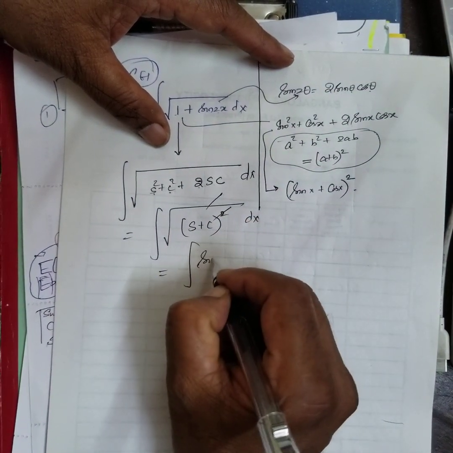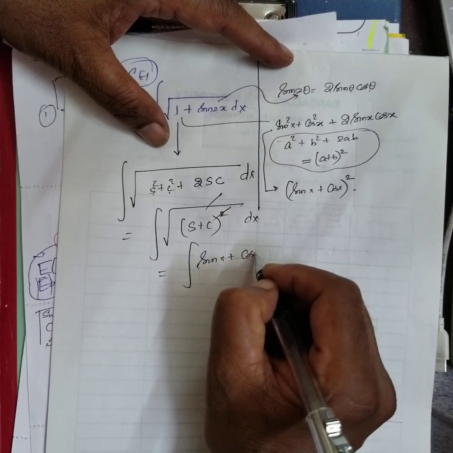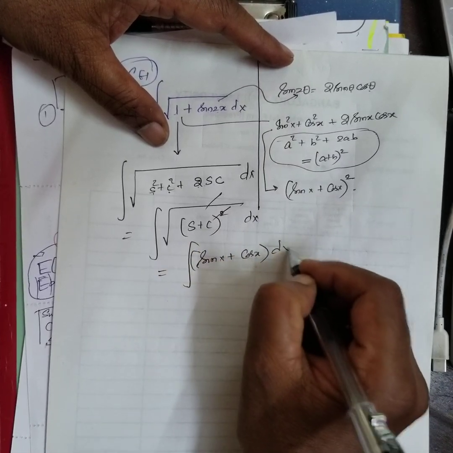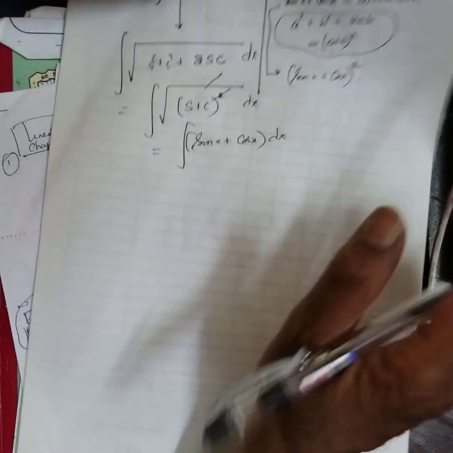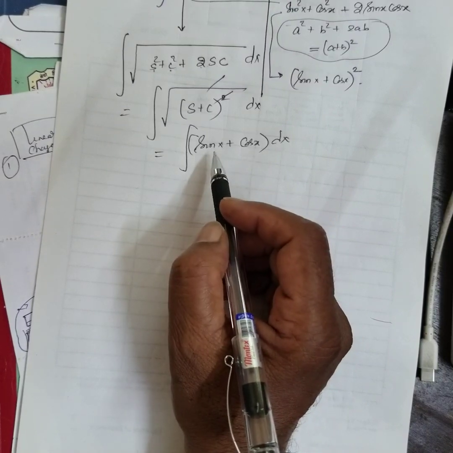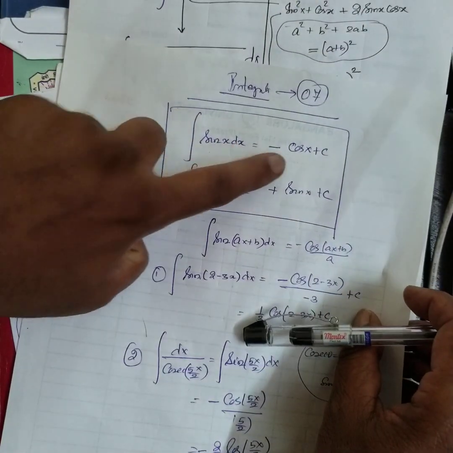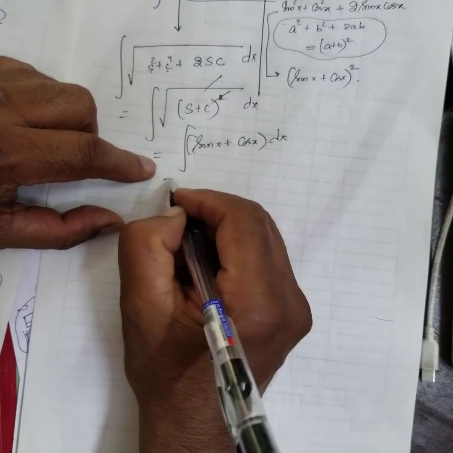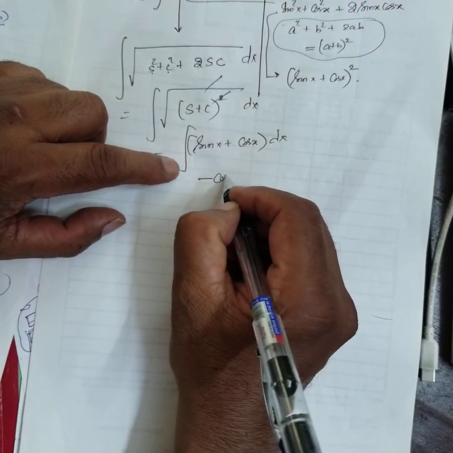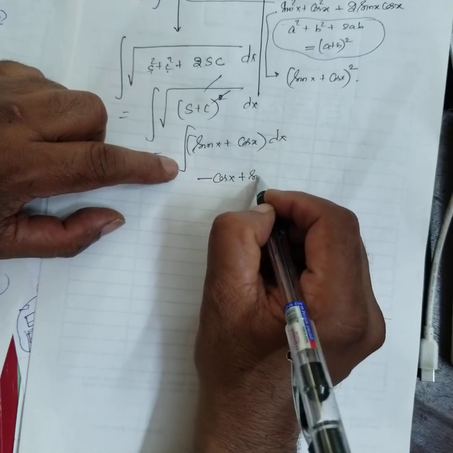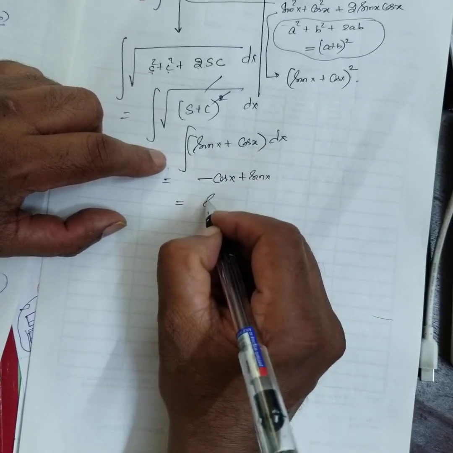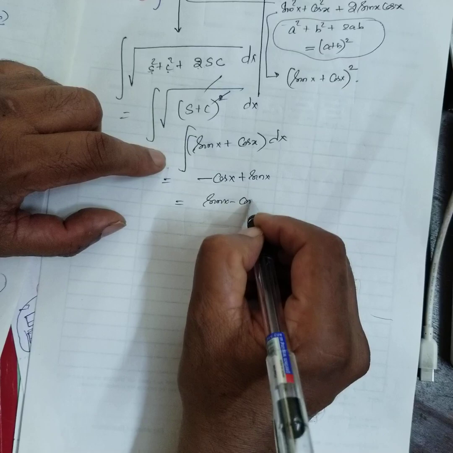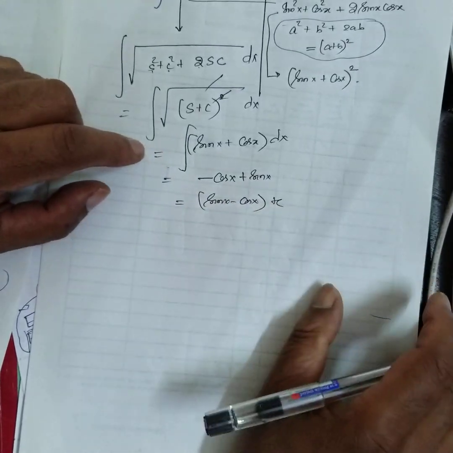Integral of sin x plus cos x dx. Then integral of sin x is what? Minus cos x. Integral of cos x is plus sin x. This is minus cos x plus sin x. The answer is sin x minus cos x plus c.